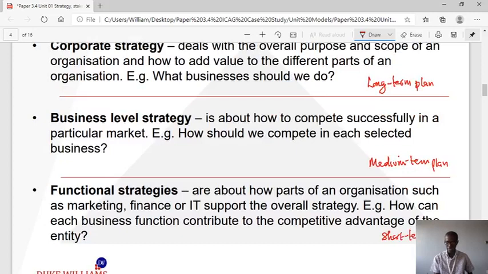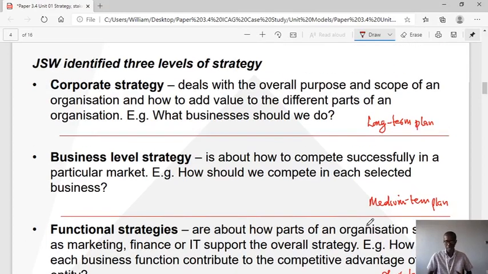So just for guideline purposes, you could look at it from term structure, like how long this strategy covers.